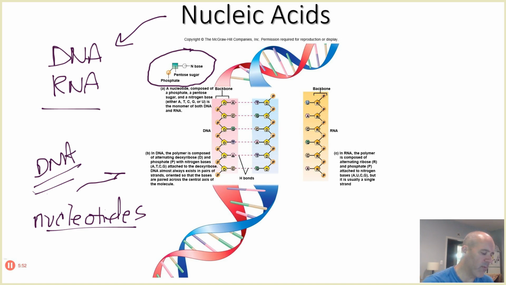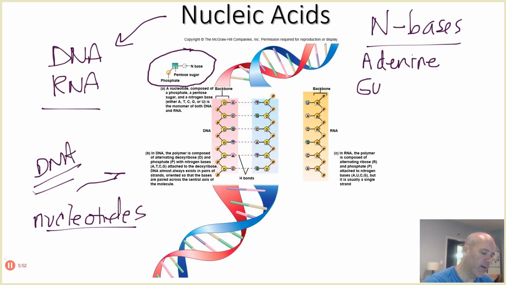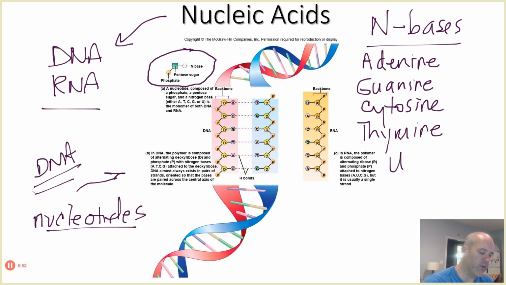And so what are our nitrogen containing bases? Those are adenine, guanine, cytosine, thymine, and uracil. All right, abbreviated A, G, C, T, and U.